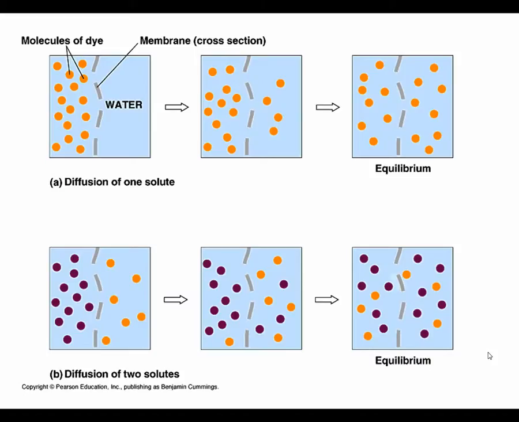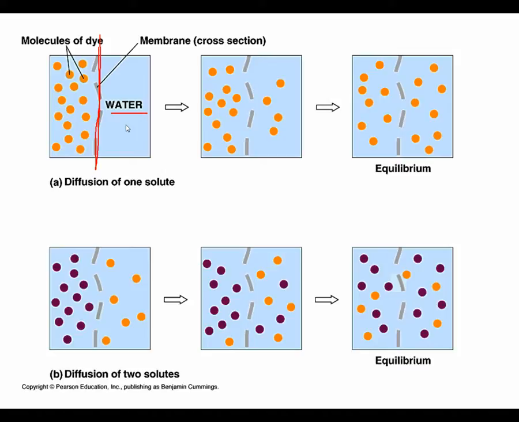This diagram here is showing you the movement, or what we call diffusion. Here's water on the right hand side, and this dotted line is what we refer to as the concentration gradient. It's just the separation where one area has a higher concentration and the other area has a lower concentration.